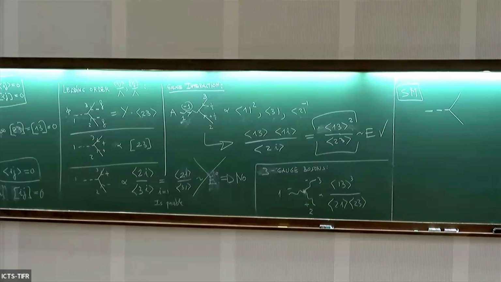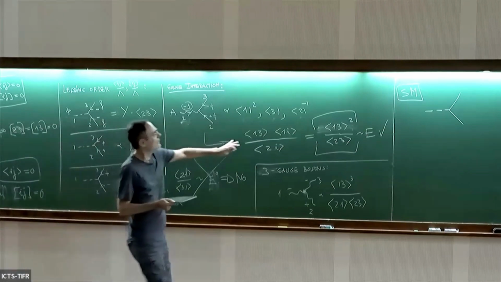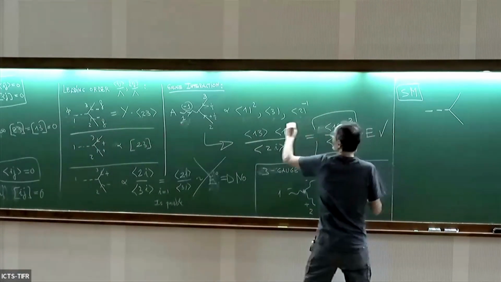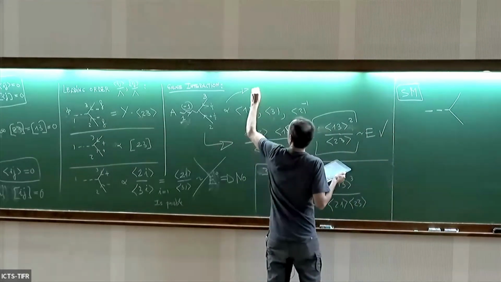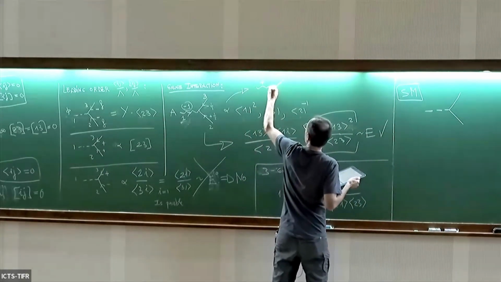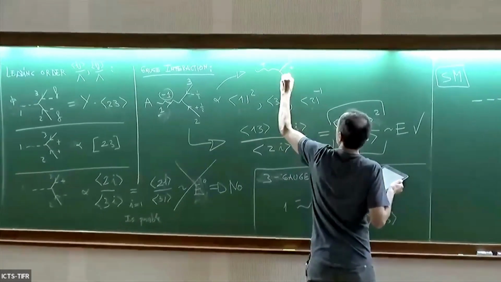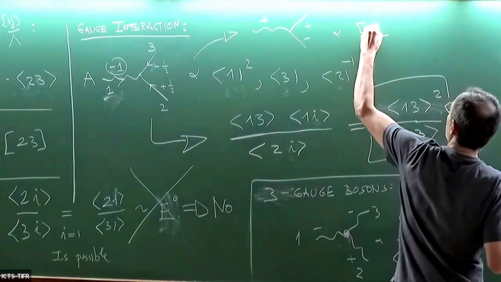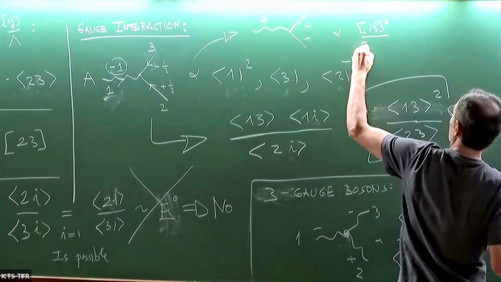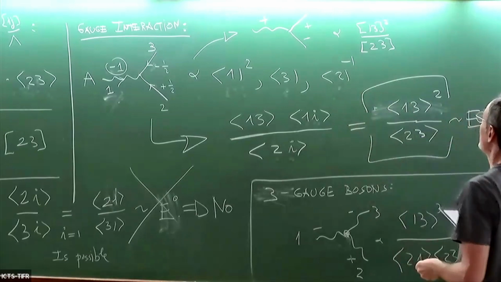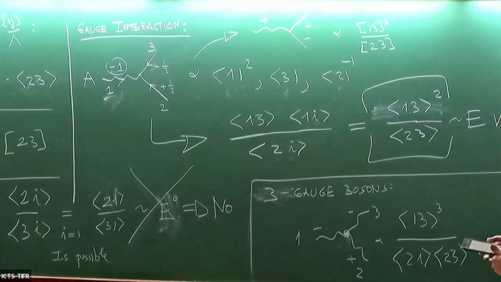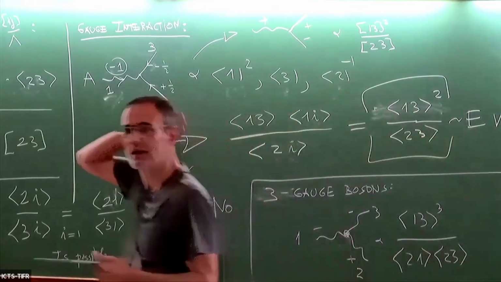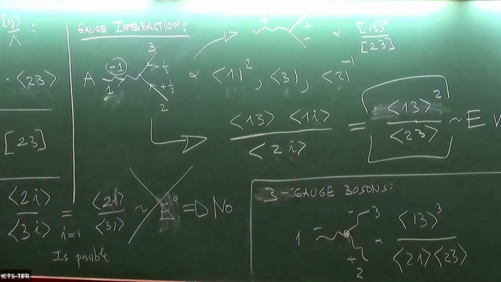There is an equivalent here also, with plus, minus, that is exactly proportional to ⟨13⟩²⟨23⟩. When I go for an interaction, for the full amplitude, I choose either one or the other.